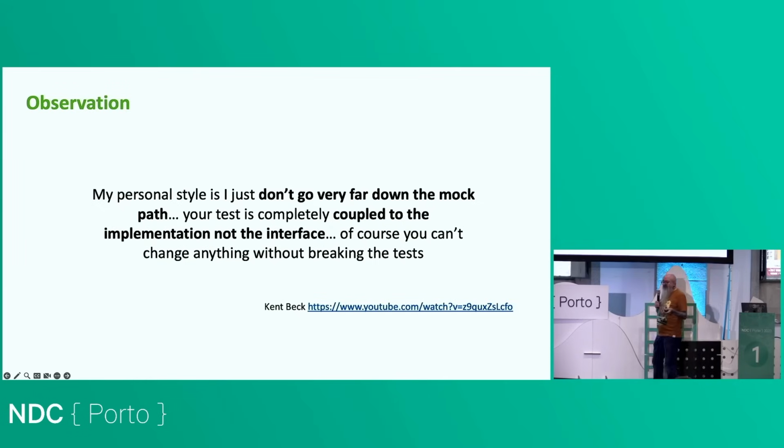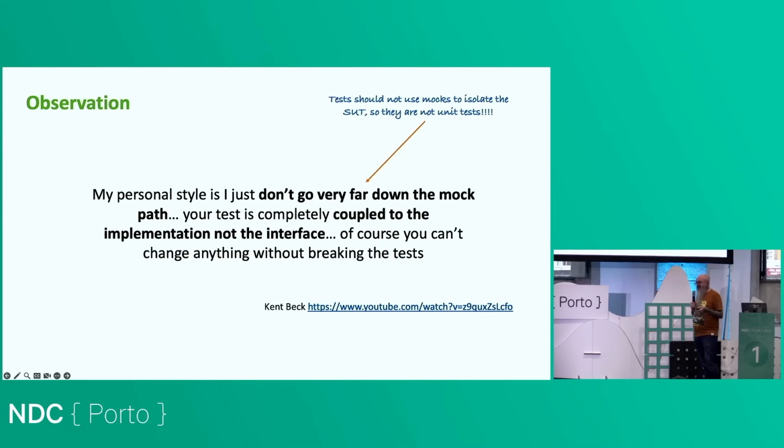And Kent said in that dialogue that Martin created between the two of them, my personal style is I just don't go very far down the mock path. Your test is completely coupled to the implementation, not the interface. Of course, you can't change anything without breaking the tests.